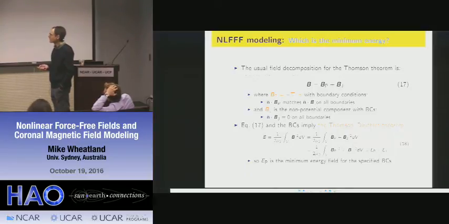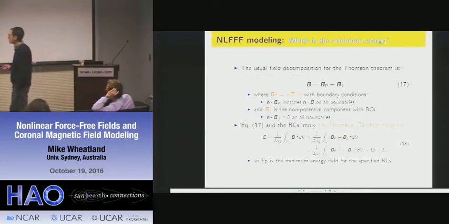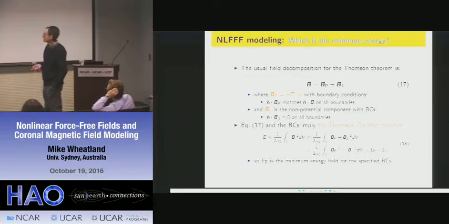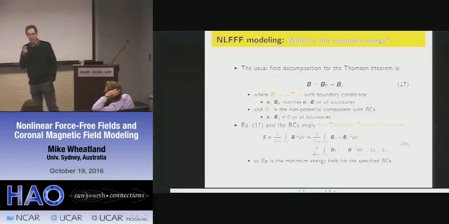The energy of the total field is the energy of the potential field Bp plus the energy of the current carrying field Bj. And so from that, your potential field is the minimum energy field subject to these boundary conditions. Again, if you remove all of your currents from your volume, preserving these boundary conditions, then the field Bp results, it's the minimum energy field.